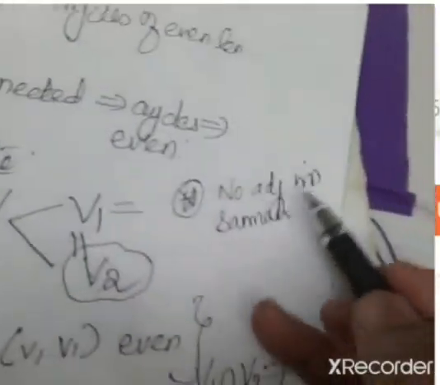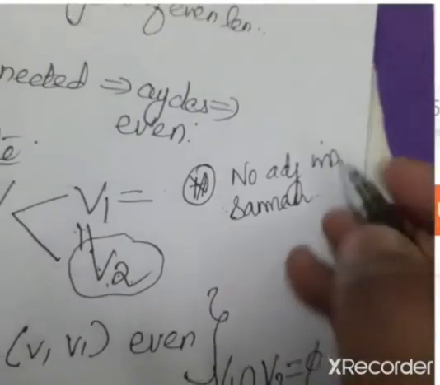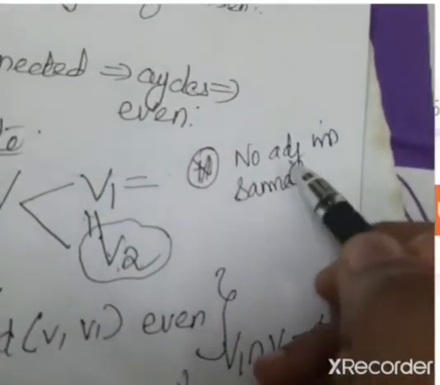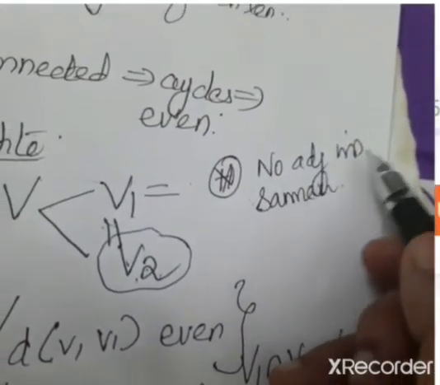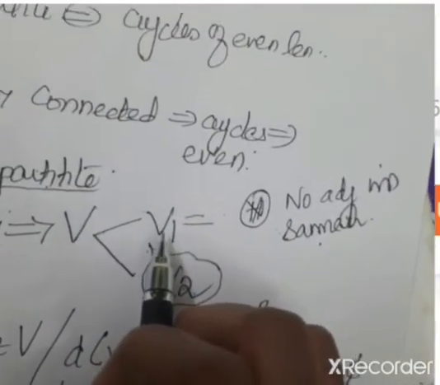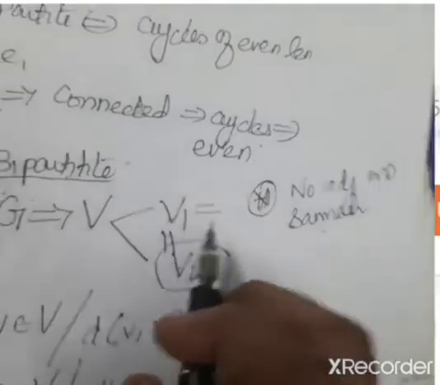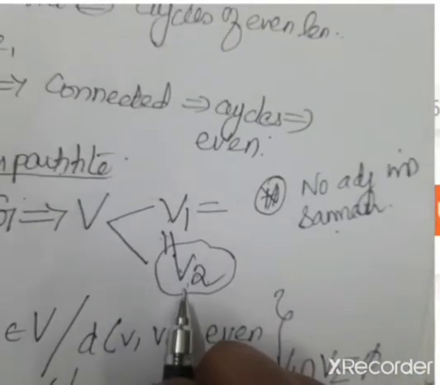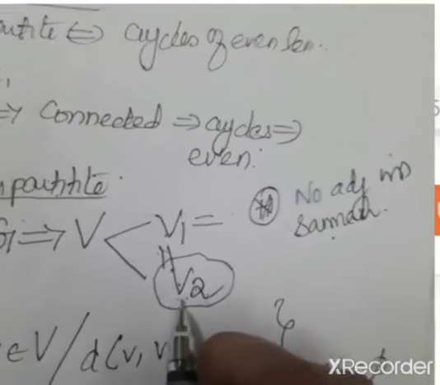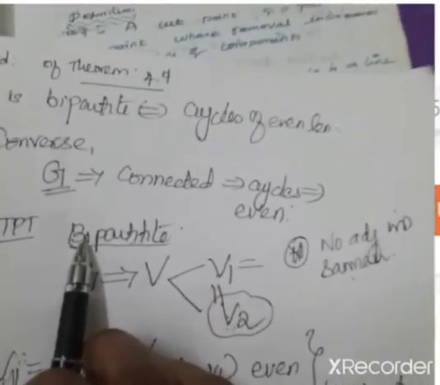If I have a bipartite graph, this nature is obvious. You will not come across any adjacency in the same set. There will be no adjacency in the same set V1, and no adjacency in the same set V2. If this happens, then it is going to be a bipartite graph.